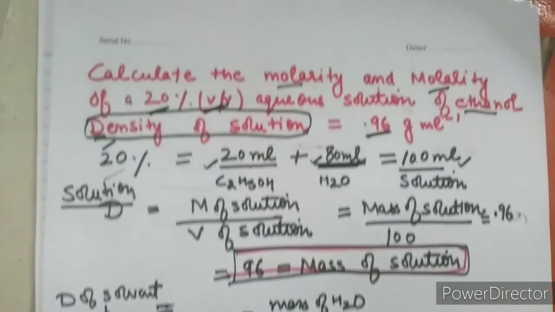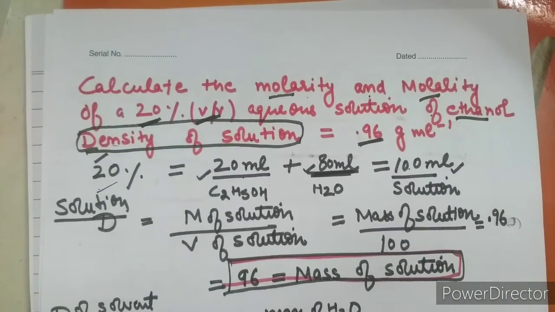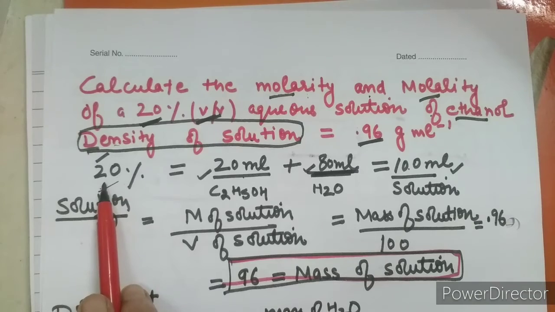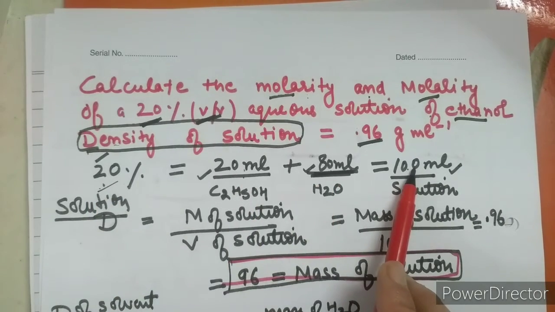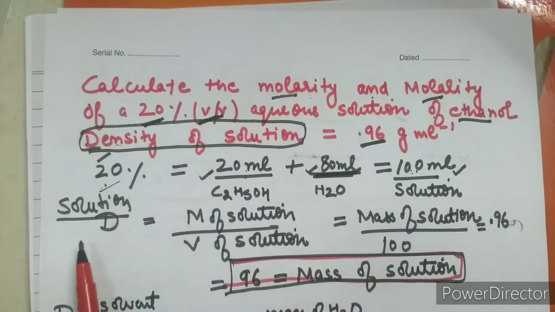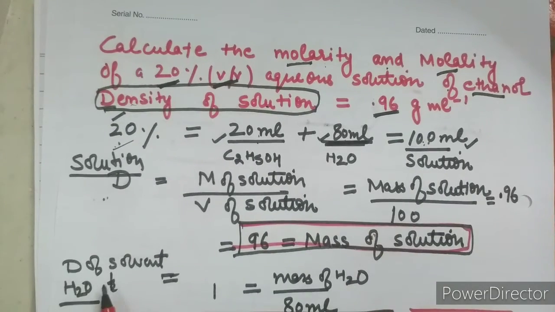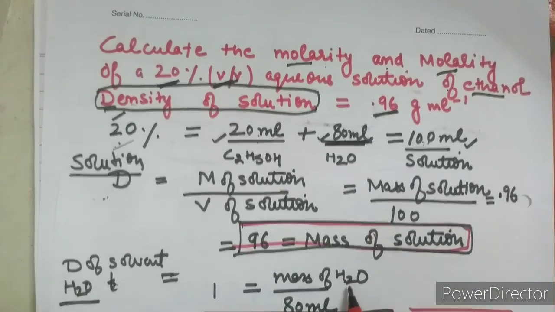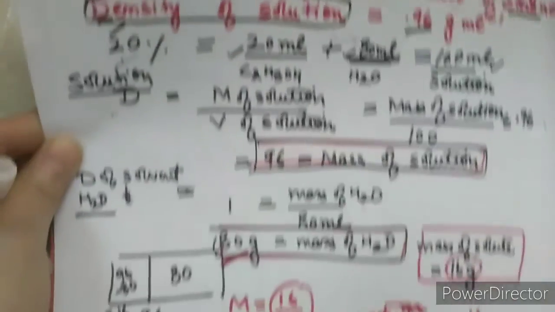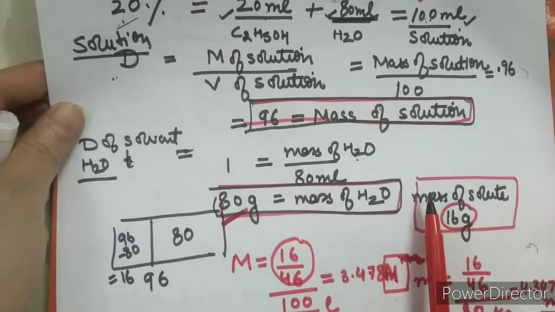Let's check this question once again. We were given a percentage of 20%. So 20% means 20 plus 80 ml, that is 100 ml. The density of solution was mentioned, from which I found the mass of solution. Then from the density of solvent, I found the mass of solvent. So we have the mass of solution and the mass of solvent, therefore we could also find the mass of solute.